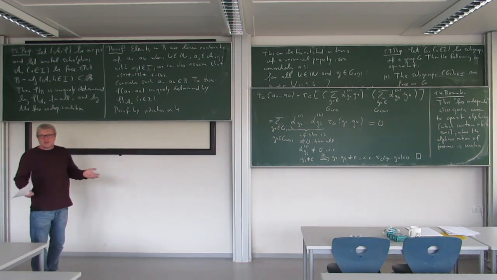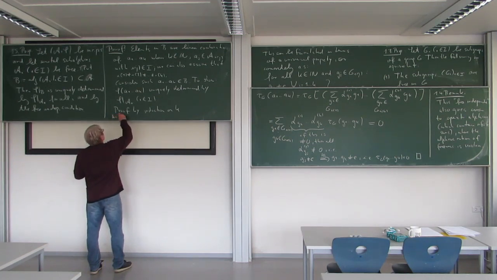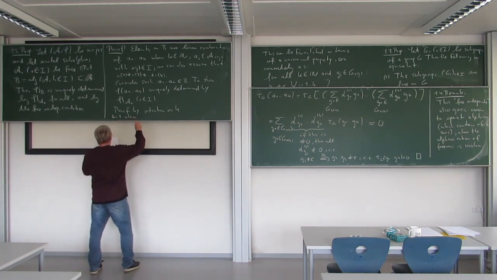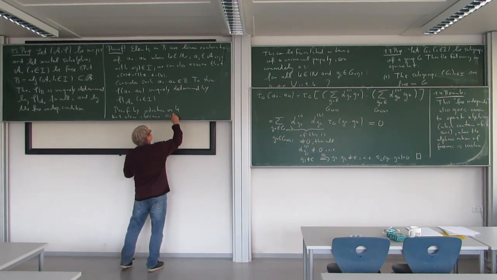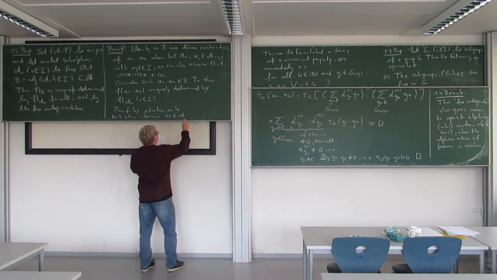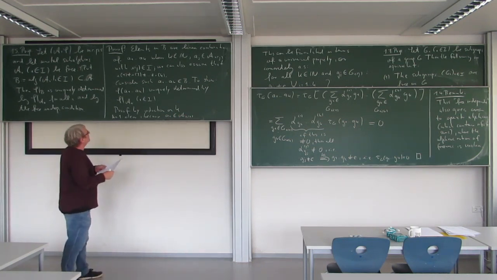So k equal to 1 is clear, because then I just have a1, and this comes from the subalgebra A of I1, but of A of I1 I know what the value of phi is.